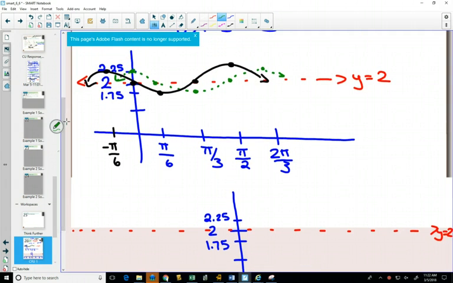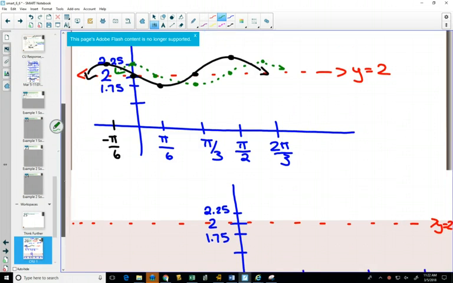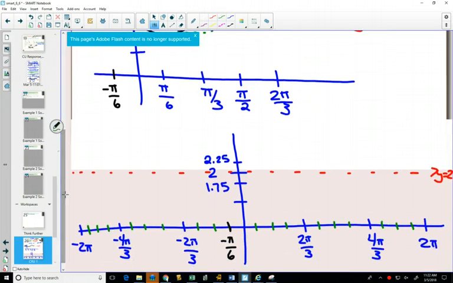If I just replicate what I have in the graph above, we had at negative pi over 6 a maximum, then center line, then minimum, then center line, then maximum. Those are the points that we had from our graph above.